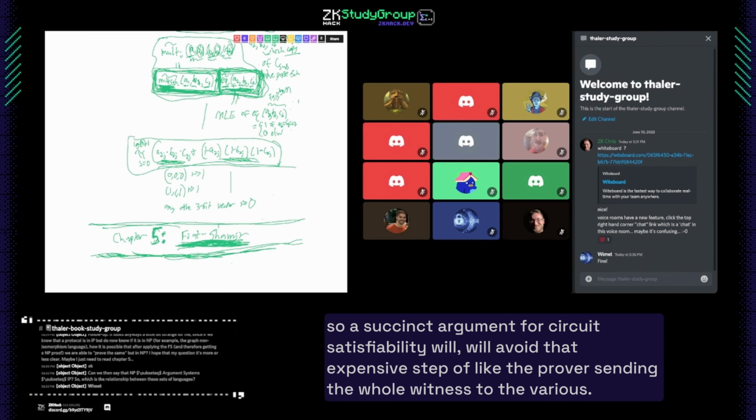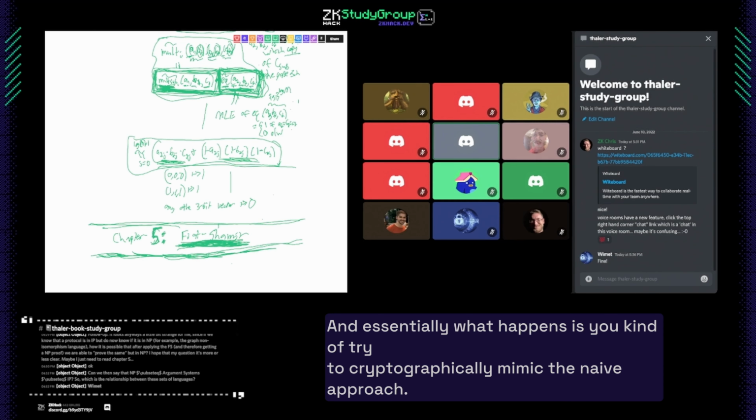So a succinct argument for circuit satisfiability will avoid that expensive step of the prover sending the whole witness to the verifier. Essentially what happens is you try to cryptographically mimic the naive approach.